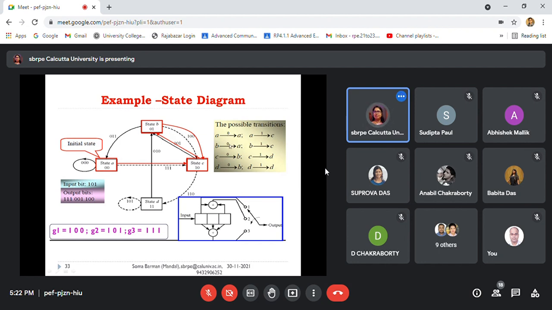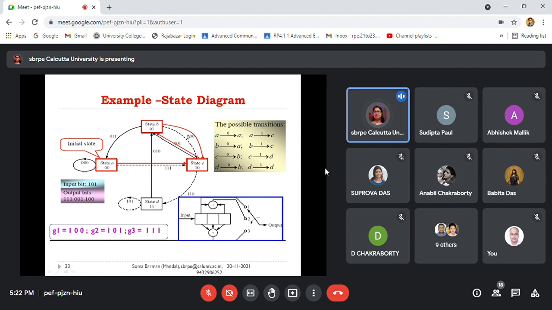So B for input 1 goes to C. As input 1 is coming, it is shown by the dash line and already marked in red. And the output branch is 100, already calculated from the design of your encoder and the state definition.